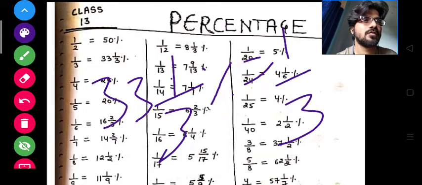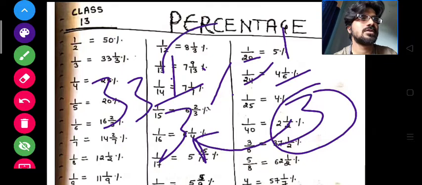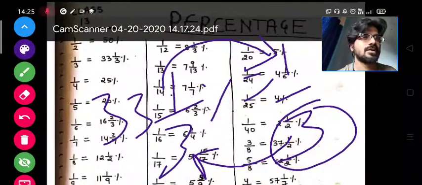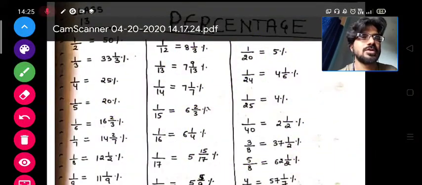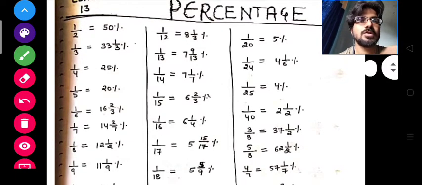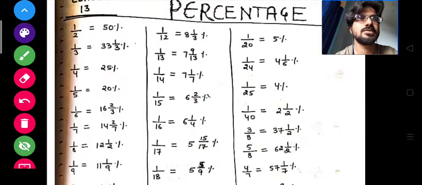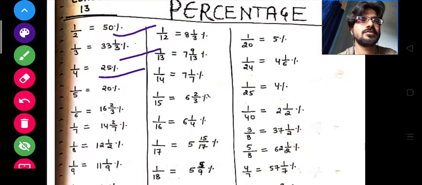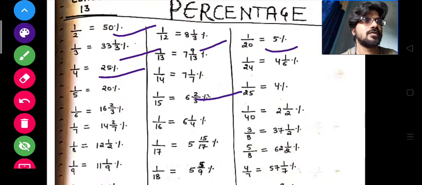It means when you apply 33 1 by 3% on the value of 3, you will get the result 1. That is the meaning of percentage. You have to learn all these values, and once you understand what it actually means, it will be easy for you to apply on further questions. All these values will be used.